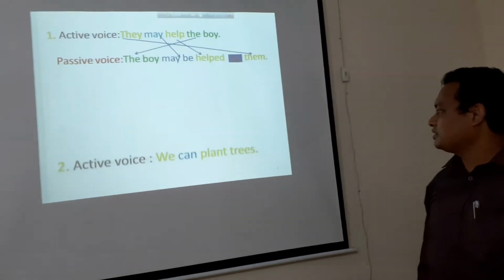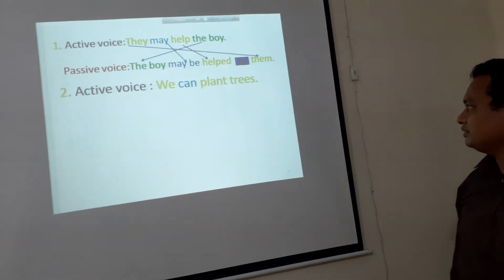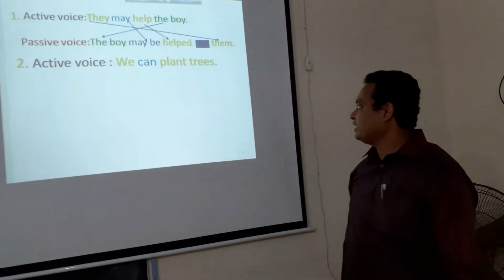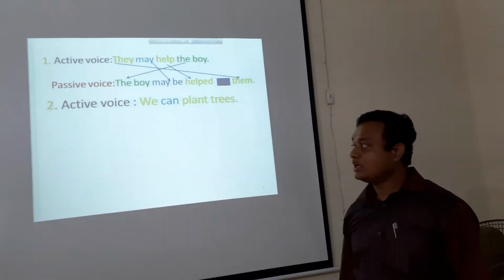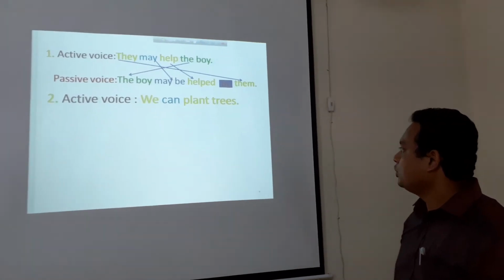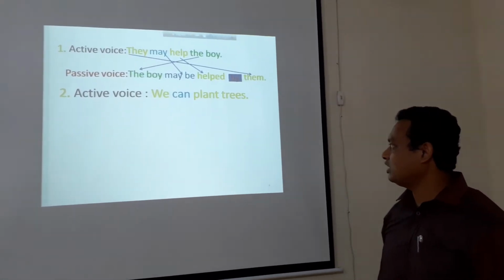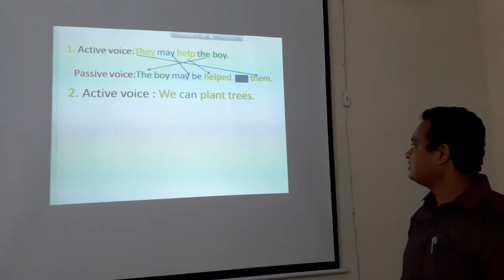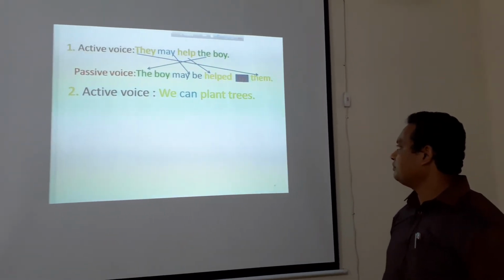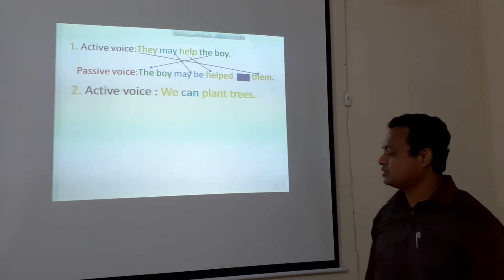We notice another example. We can plant trees. Here we is the subject, can is the modal auxiliary, plant is the main verb, trees is the object.